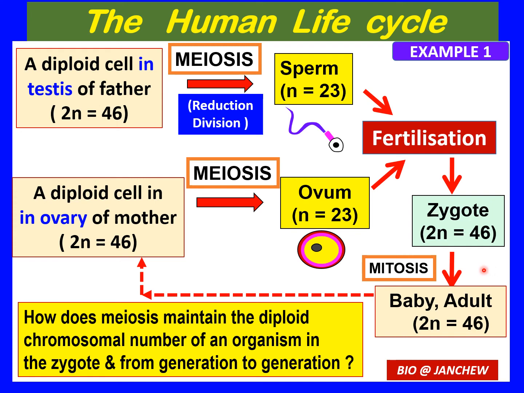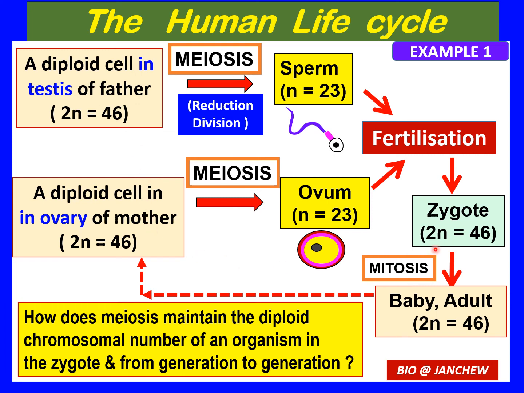So the diploid number of chromosomes is produced in the zygote and is maintained from the father to the offspring, because the zygote will become the offspring of the father and mother.